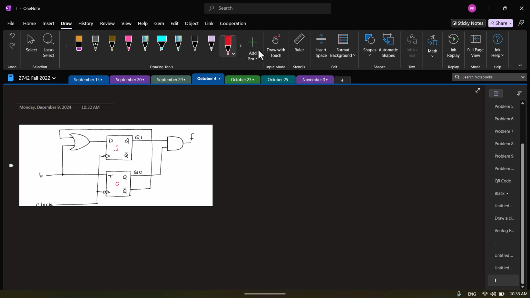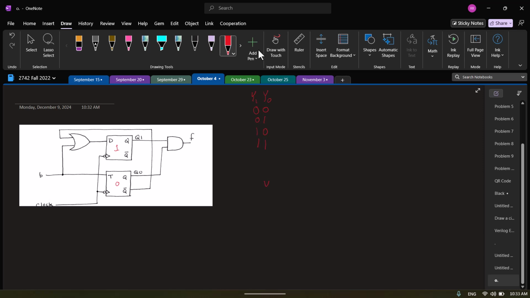First thing I want to do is come up with our next state expression. I have 2 flip-flops. That means I have 4 states. So my states are 0, 0, 0, 1, 1, 0, and 1, 1. And if I look at what these values are going to be, I'll call this one y1, this will be y0.